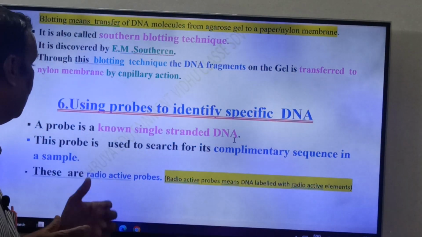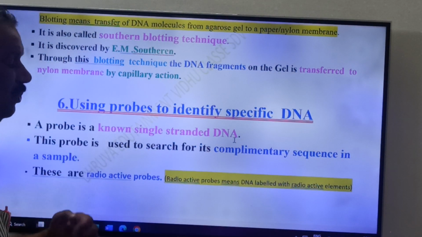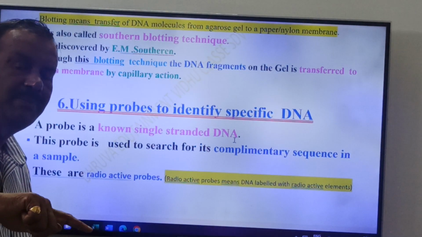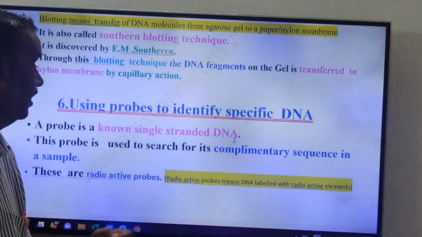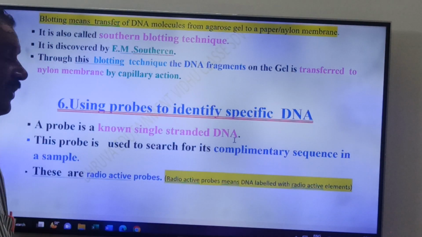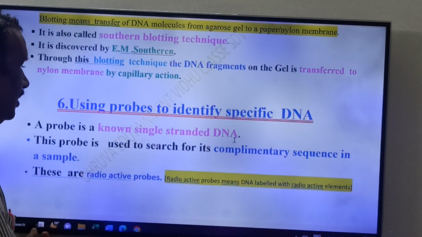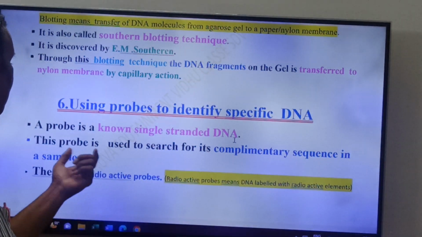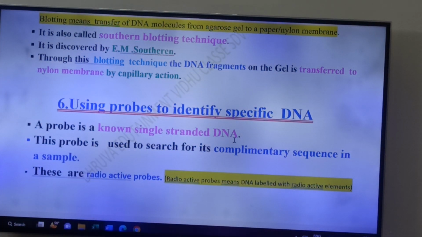So the nitrogen bases present in the probe form a pair with the nitrogen bases of the complementary sequence of the DNA. So this probe is used to search for its complementary sequence in a sample.